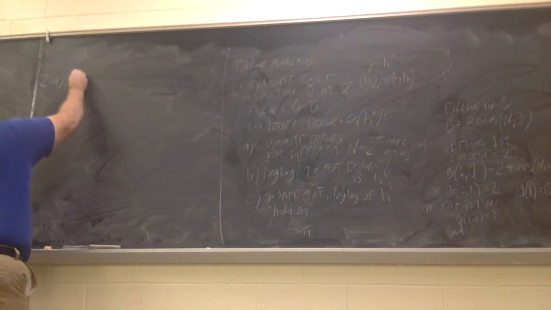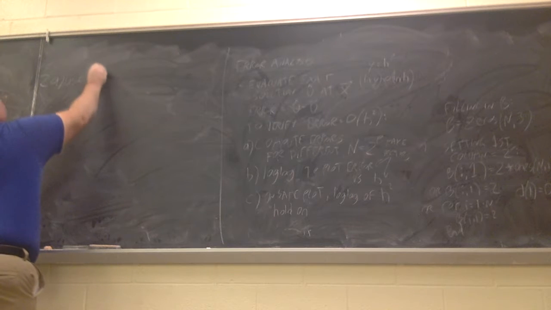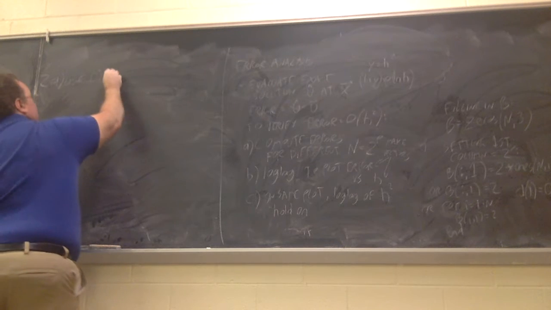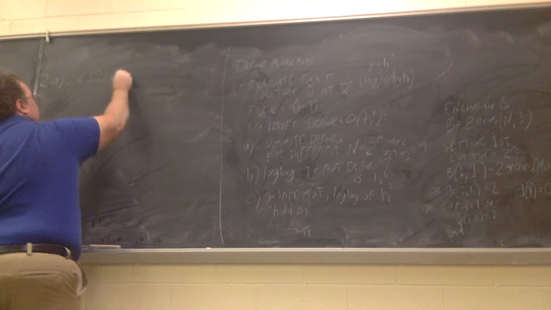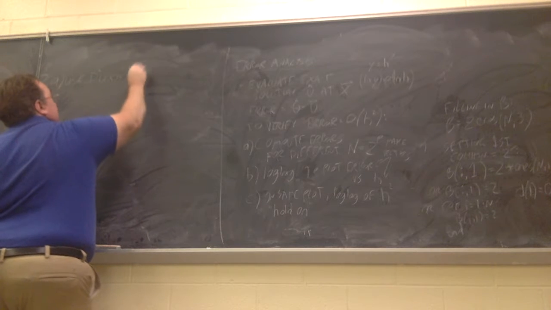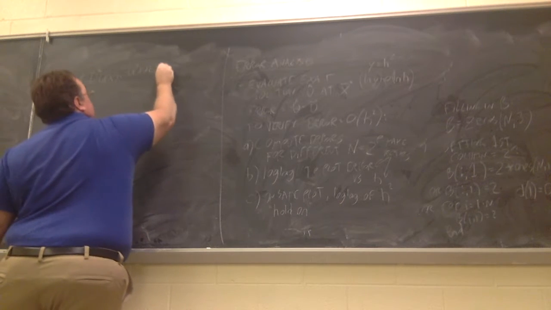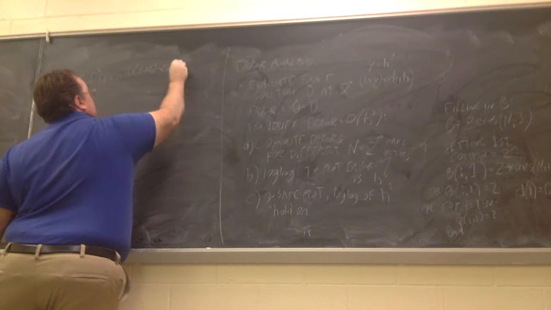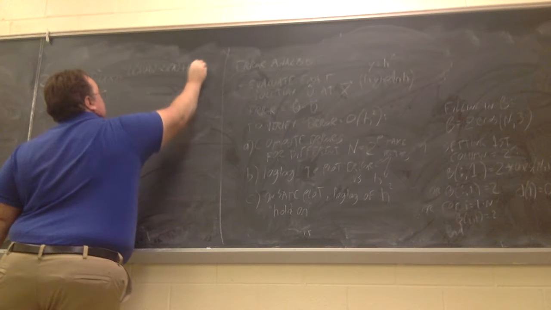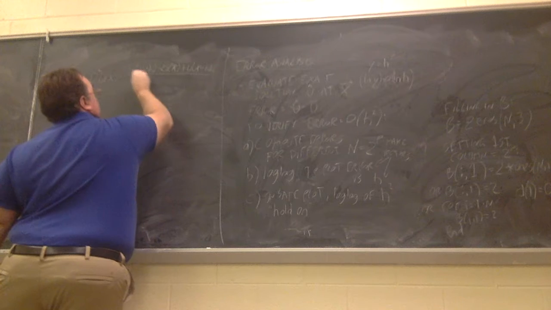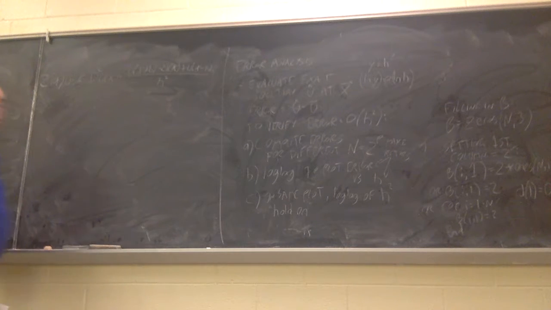So, use the fact that d squared u of x is equal to u of x plus h minus 2u of x plus u of x minus h, all over h squared. That is the approximation you're using, the center difference.